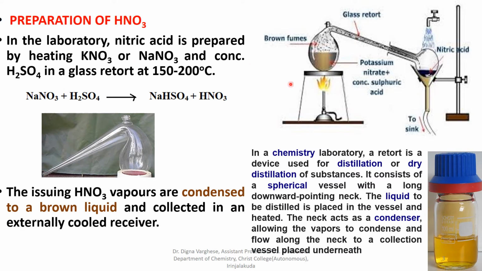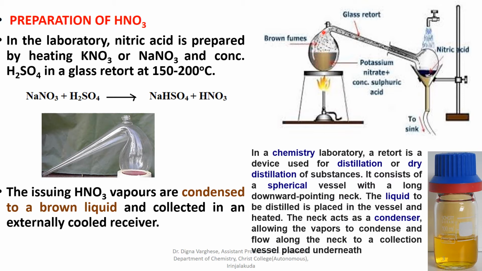Here, in the case of nitric acid lab preparation, potassium nitrate or sodium nitrate is taken in the glass retort with concentrated sulfuric acid. This mixture is heated to 150 to 200 degrees Celsius.